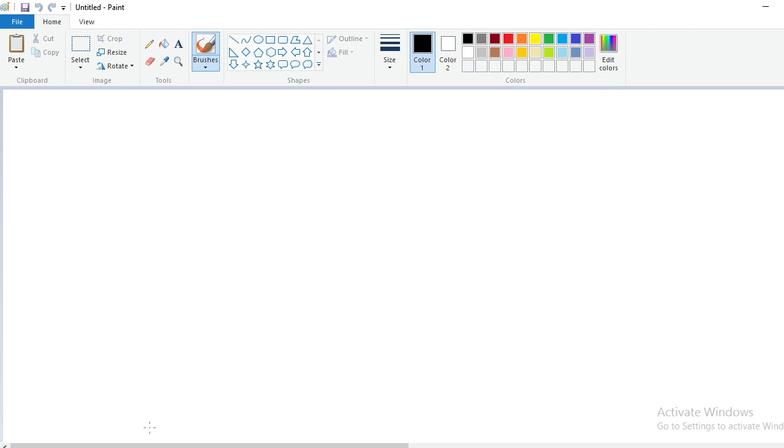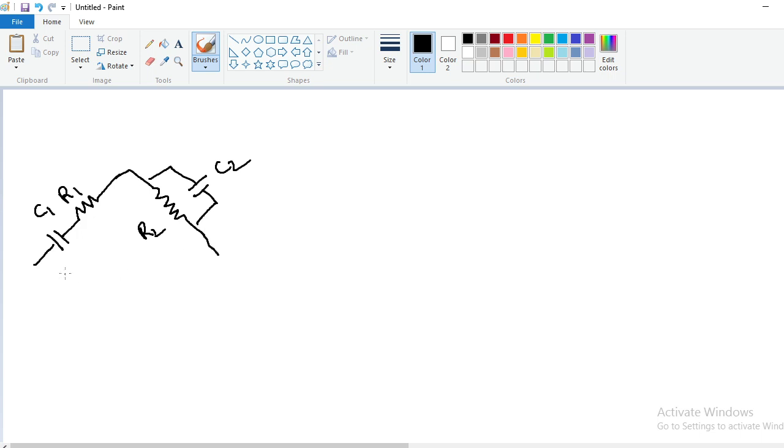Now, coming to the analysis, first observe the Wien bridge construction. It has a series combination of resistor and capacitor, C1 and R1, and one parallel combination of resistor and capacitor, R2 and C2, and two more resistors, R3 and R4.